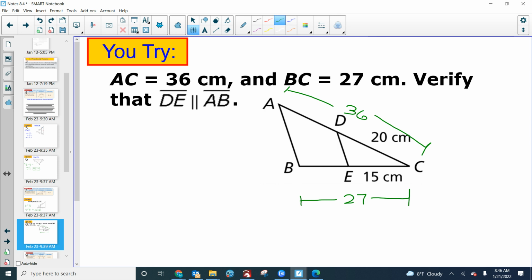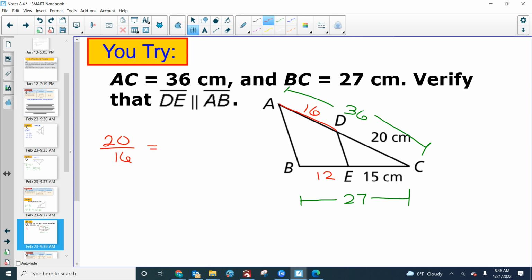It had 20 over this AD equals 15 over BE, right? Well, if you know the whole thing, you can figure out what AD is. If 36 is the whole thing, this part's 20 by the segment addition postulate. This part's 16. And this part is 12. And there are your parts that you can set up with proportions.